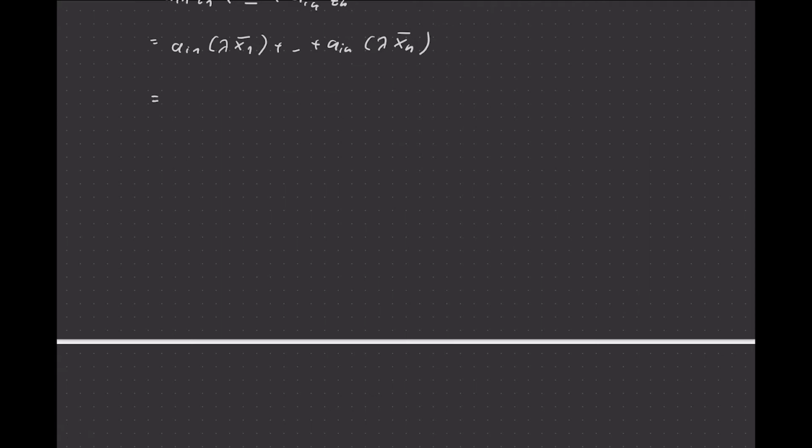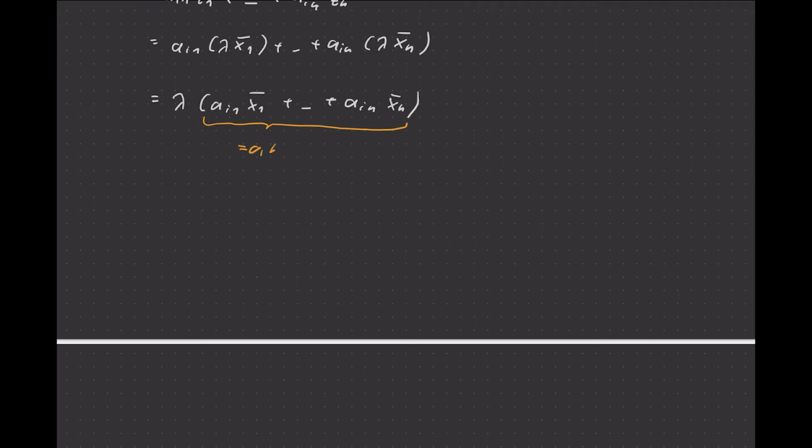And again, we can factor out the lambda here and collect all the x terms. So we have ai1 x1 bar and so on up to ain xn bar. And once again, this part here, we know that this is 0 because x bar is a solution to the system of linear equations.